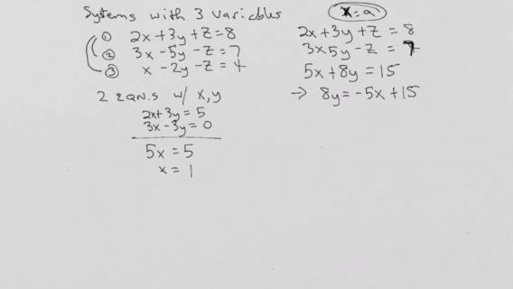I'm going to divide by 8, and I'll get y equals negative 5/8. Now I'm going to switch it out, not call it x, I'm going to call it a, plus 15 over 8. That's my answer for y.